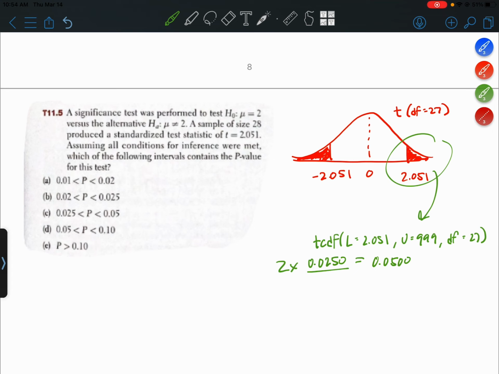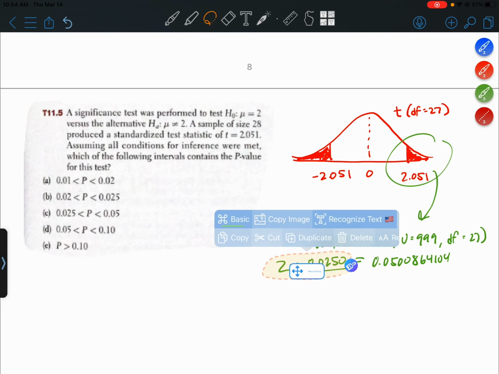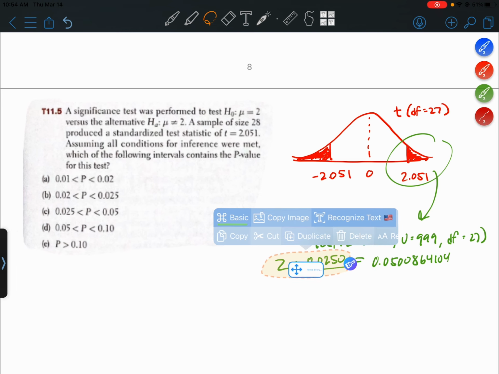Okay, so rounding to 4 digits, it's exactly 5. If we were to record more digits, it's 0.0500864104.